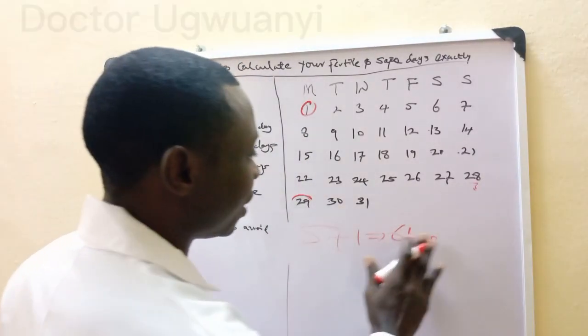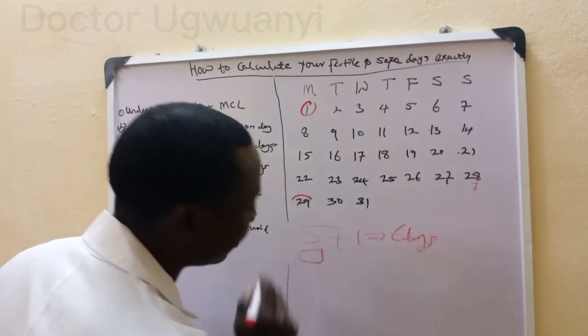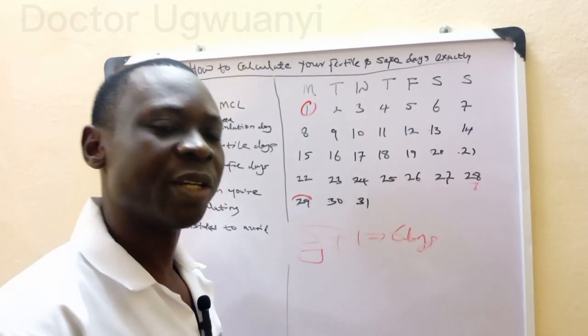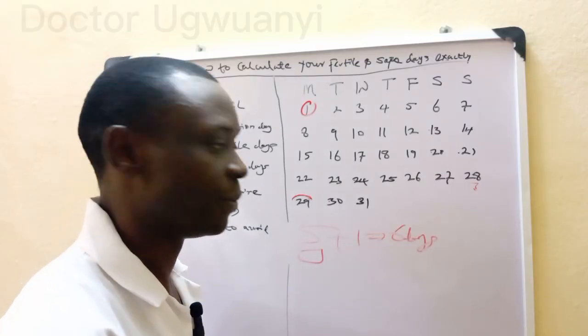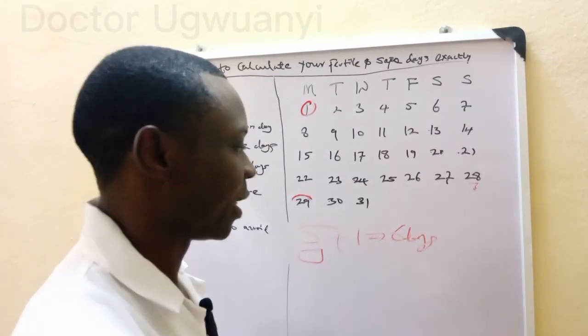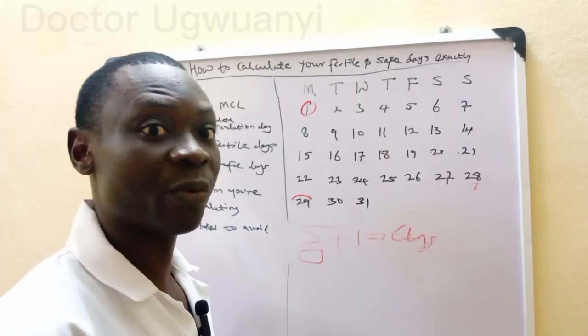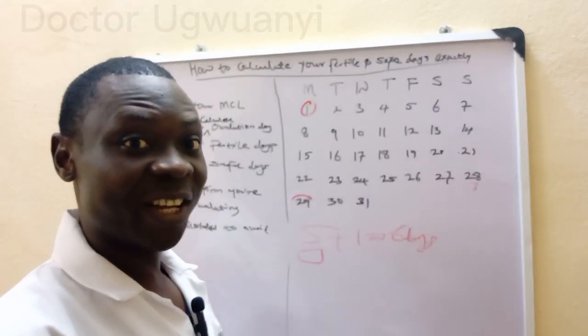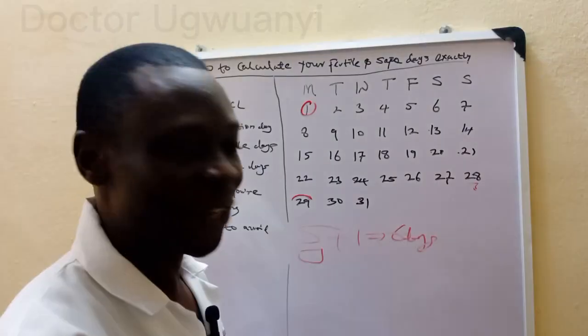So how does this 5 days come about? The sperm, when released into the female reproductive tract, can only last for a maximum of 5 days, while the egg lasts for a maximum of one day after the release.